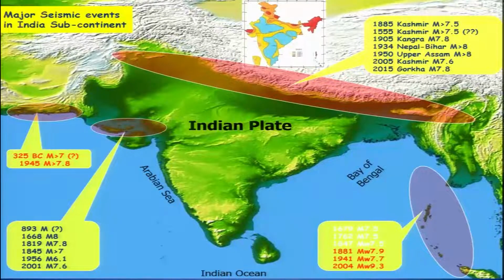So, we know this, but the only point is which area is going to host the next earthquake in the near future. That is another important point which we would like to know, and which are the sources which are available in this region.